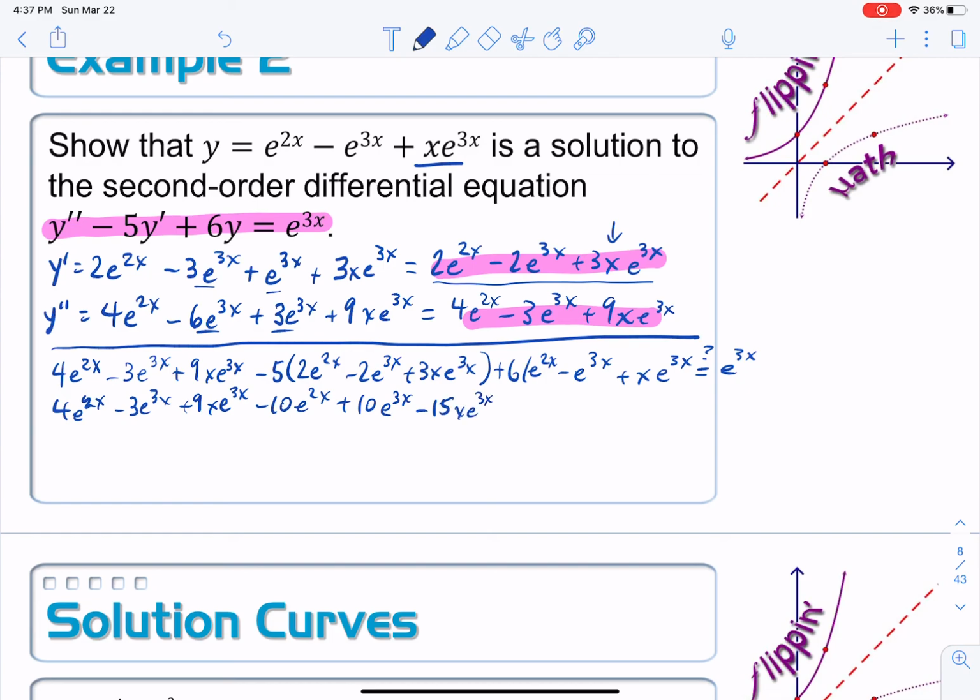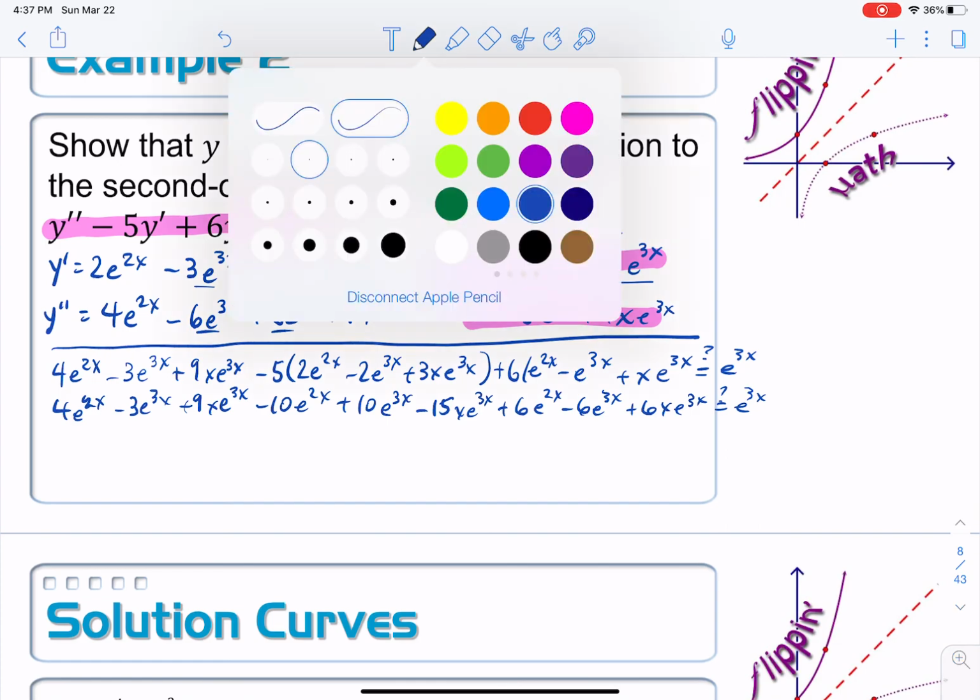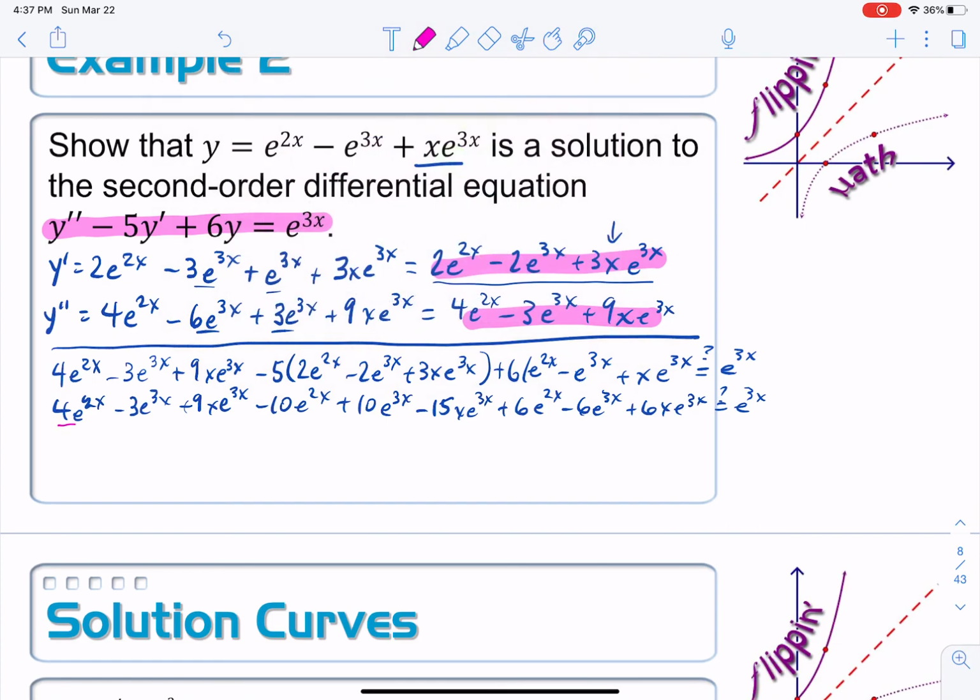Now distributing the 6 through this, 6e^(2x), minus 6e^(3x), and plus 6x e^(3x). Again, is that equal to e^(3x)? All right, let's see what we've got. We've got 6 plus 4 gives us 10 minus the 10. All of those e^(2x)'s cancel out.